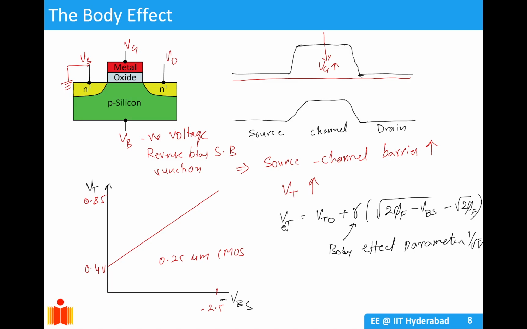This can be calculated as VT equals VT naught plus gamma times the square root of 2 phi f minus VBS, minus the square root of 2 phi f, where this gamma is called the body effect parameter.